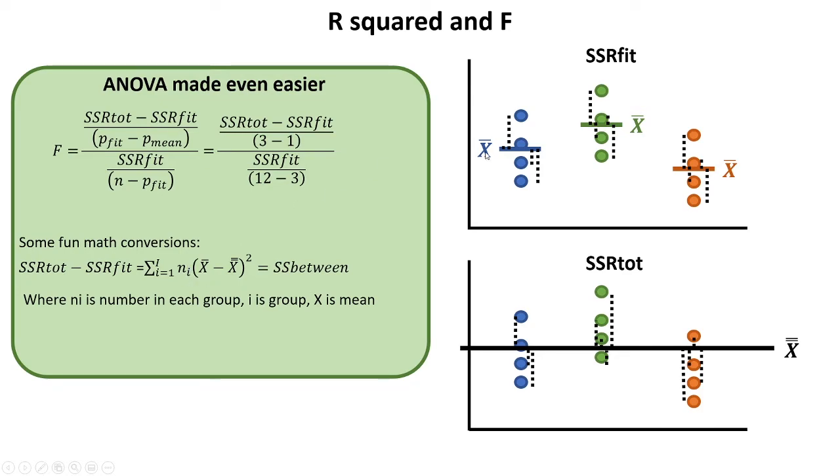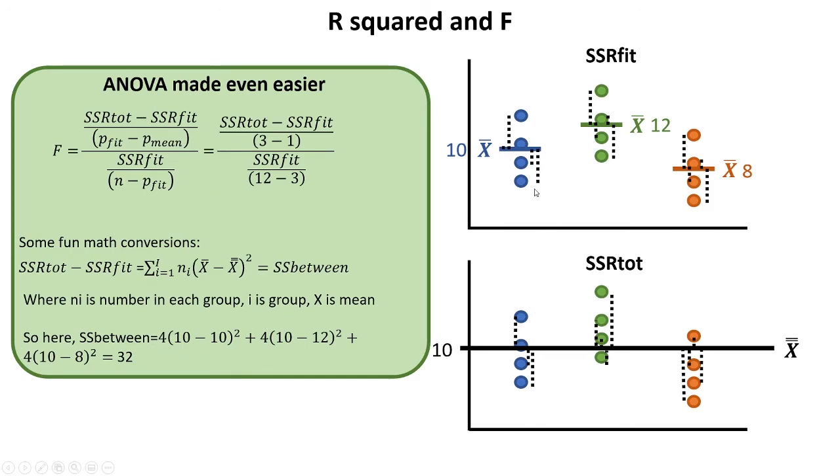So here it would be 10 minus 10 squared multiplied by 4. Then you could go through and say, all right, well, now we have second mean is 12. 12 minus 10 squared times 4, since there's 4 in that set. And then the third one, we'd say, okay, this one has a mean of 8. So 8 minus 10 squared multiplied by 4. So the sum of squares between here would be 32.